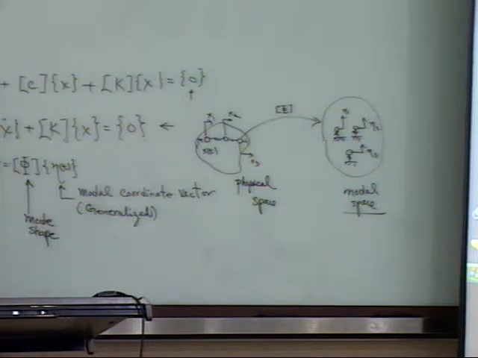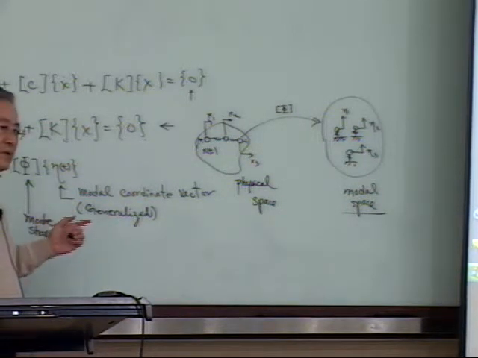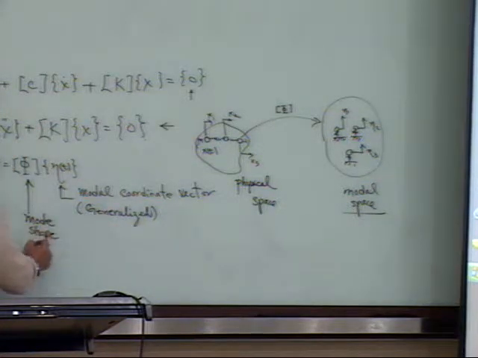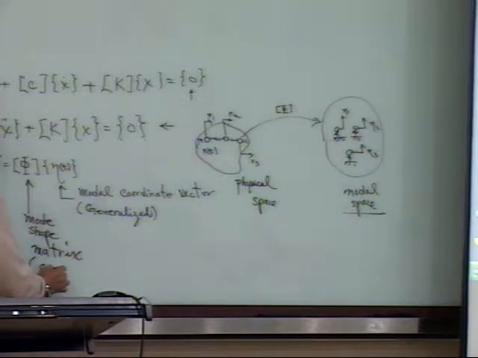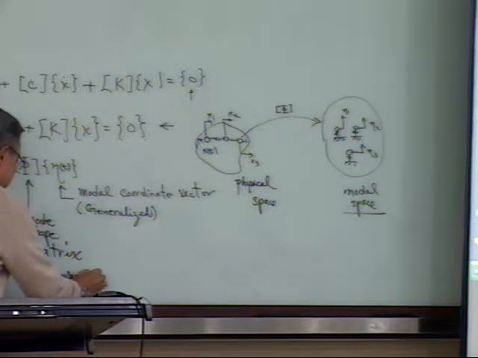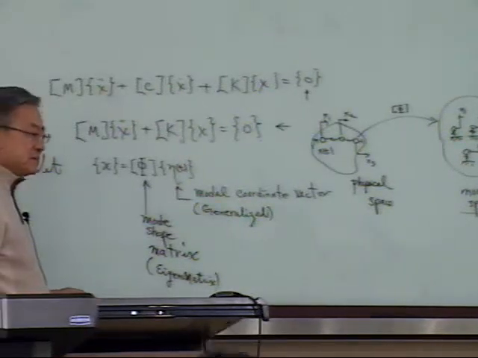Whoever didn't take such a course, this is the time to learn. There is no more than this, no less than this. This is it. Okay? It's a mode shape matrix. Sometimes in mathematics, this is called the eigenmatrix. Just to learn the name for a while.